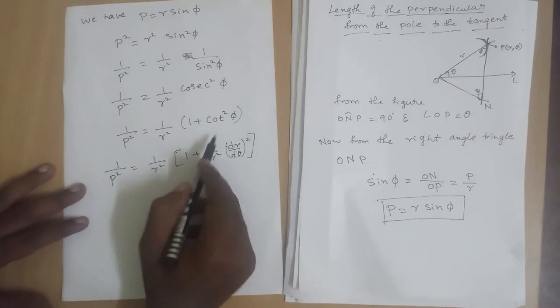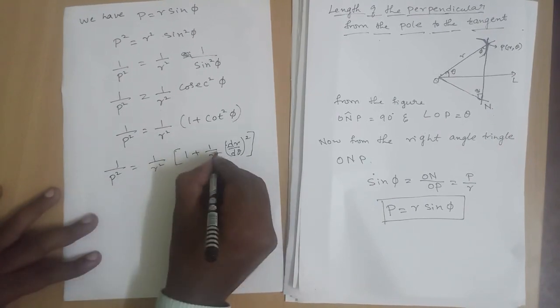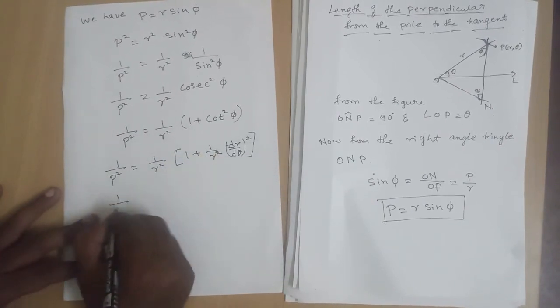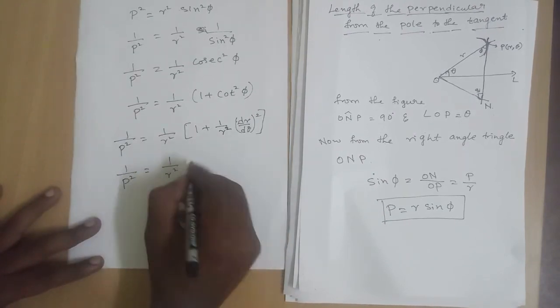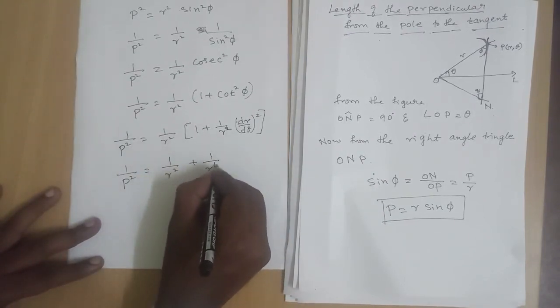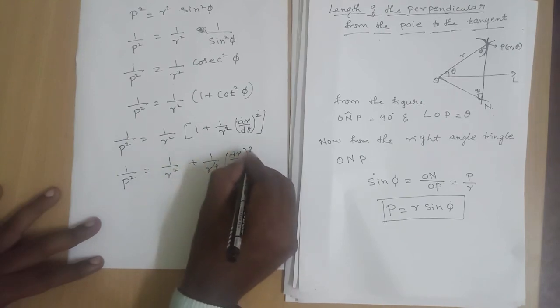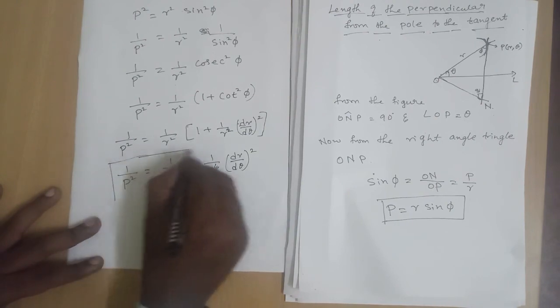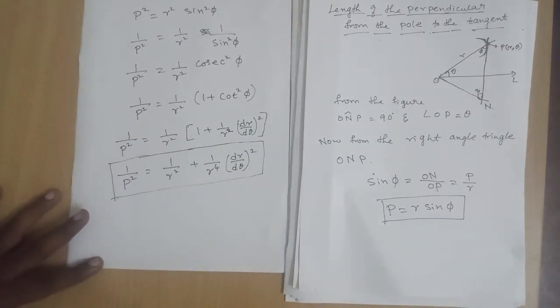We know cot phi, this is cot square phi, so we have to take the square. Now 1 over p square is equal to, multiplying by 1 by r square, you get 1 by r to the power of 4 into dr by d theta whole square. So you have to remember this formula.